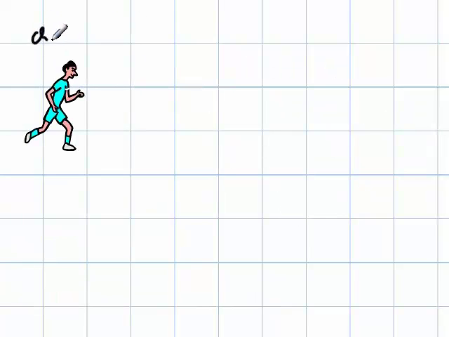Chapter 4, problem 9. Sprinting near the end of a race, a runner with a mass of 60 kilograms, it's about 130 pounds, accelerates from a speed of 6 meters per second to a speed of 7 meters per second.